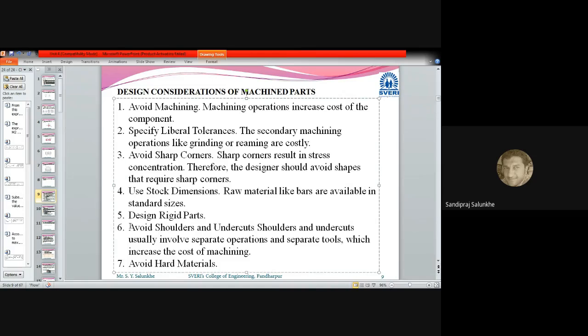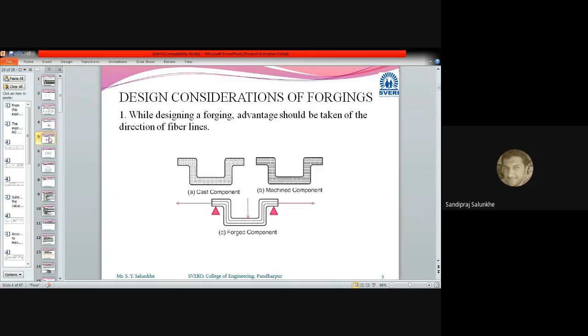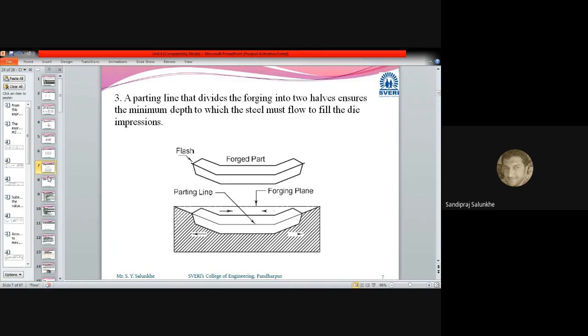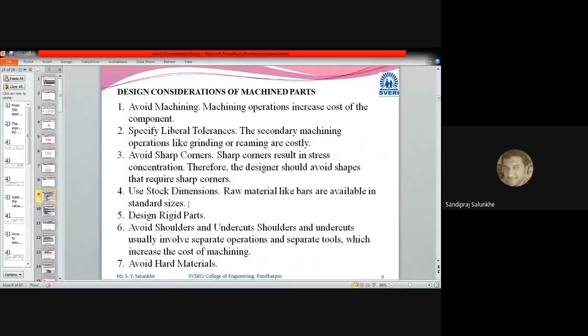that shoulder is nothing but, as in this diagram, where we are going to apply load and which will be in a hanging position. That type of design we have to avoid.